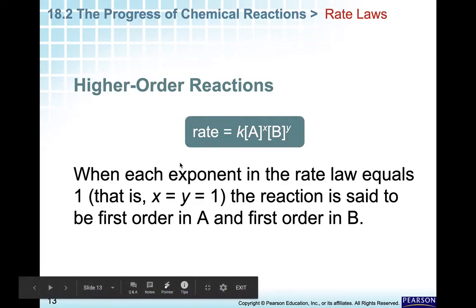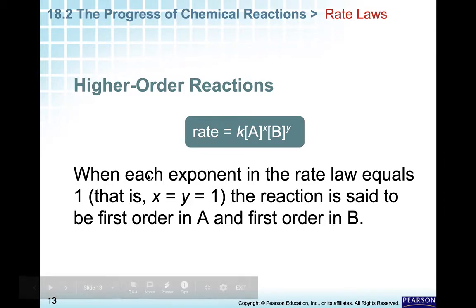If we've got a higher order reaction, then each exponent in the rate law tells us the order of that reactant. And then the exponents added together tell us the overall order of the whole reaction.